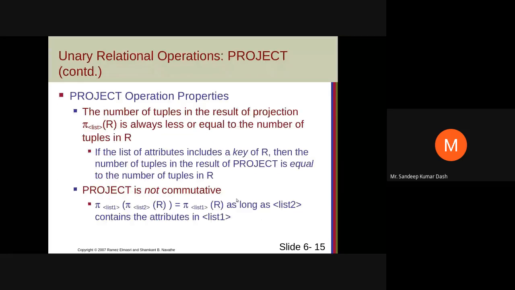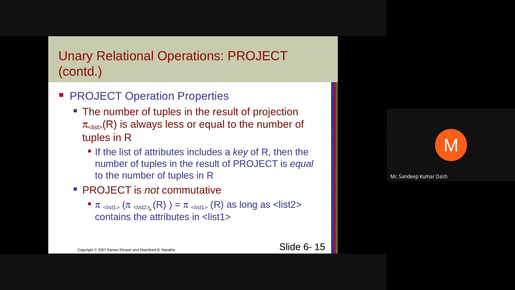Fine. Then what properties does it have? Previously you saw the select operation was commutative, meaning applying condition 2 first and then condition 1 was equivalent to condition 1 first and then condition 2. But in this case it is possible only as long as list 2 contains list 1.